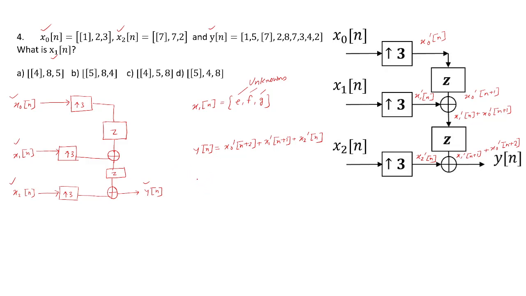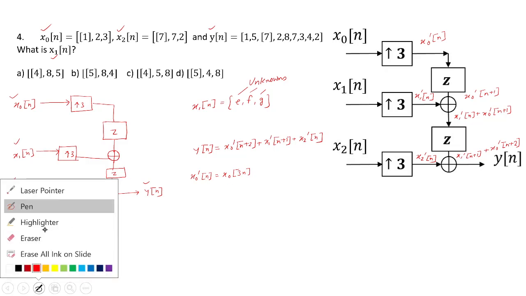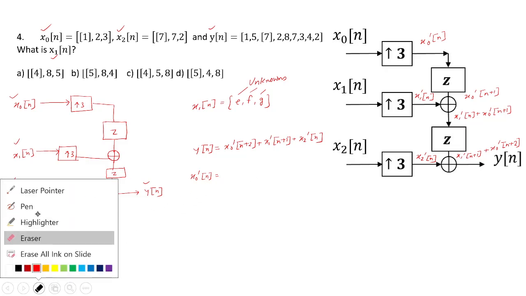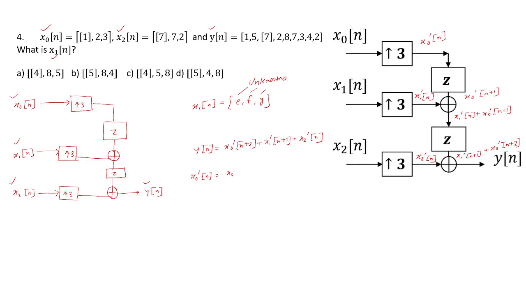So x0 dash of n is equal to x0 of 3n, sorry, x0 of n by 3, sorry, x0 of n by 3.